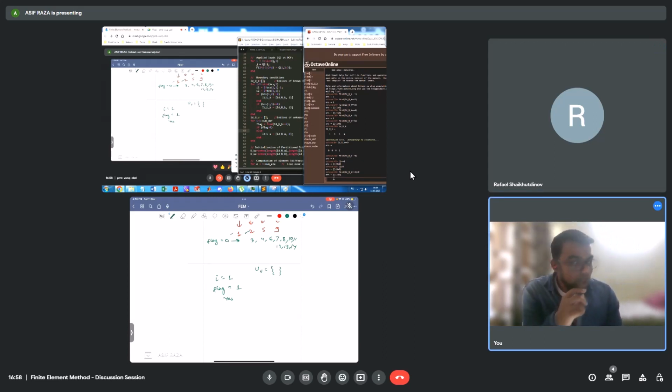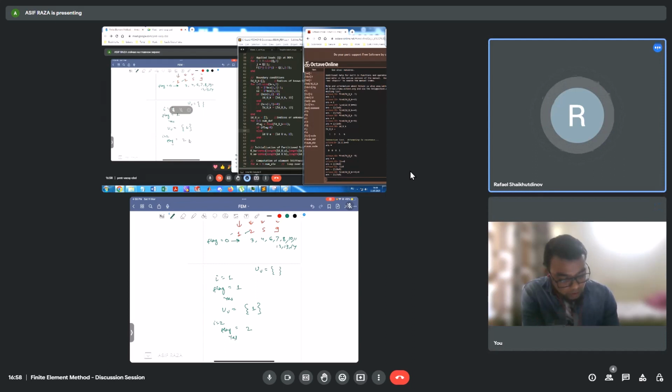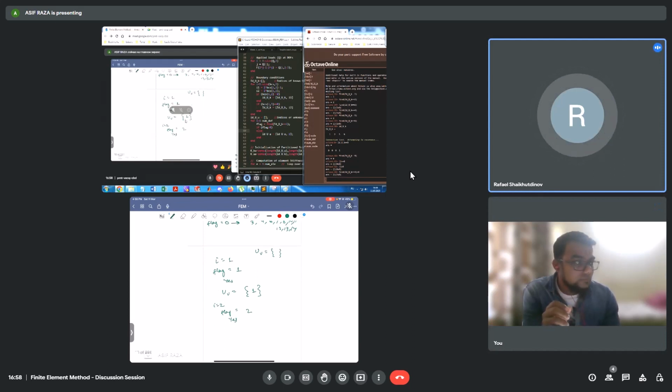So for I equal to 1, flag value comes out to be 1, and the flag value is greater than 0, so that means our UU will become what? 1. Now for I equal to 2, flag value will be what? 2. I believe it will not add anything. No, it will add.